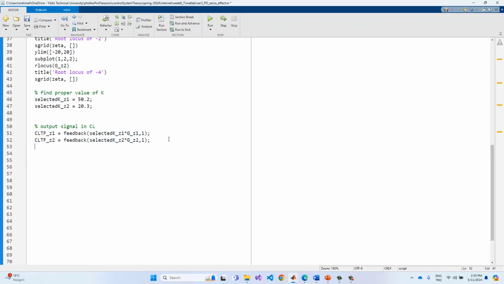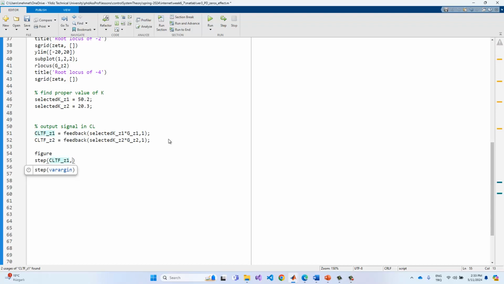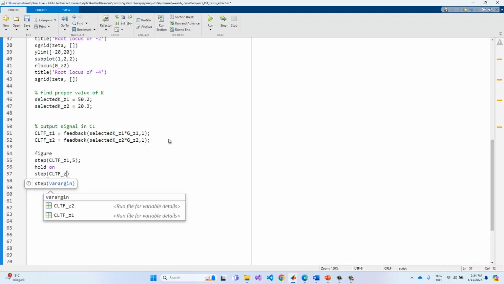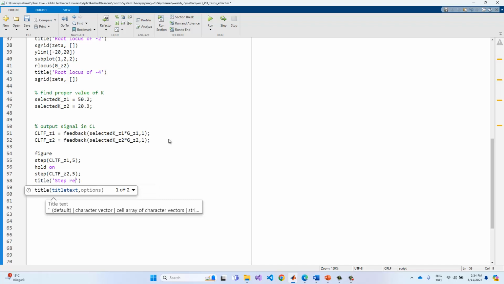And after that we can draw the whole results in here, the step CLTF Z1 5, and hold on, the step CLTF Z2 5. Okay, and the title is the step response of systems.